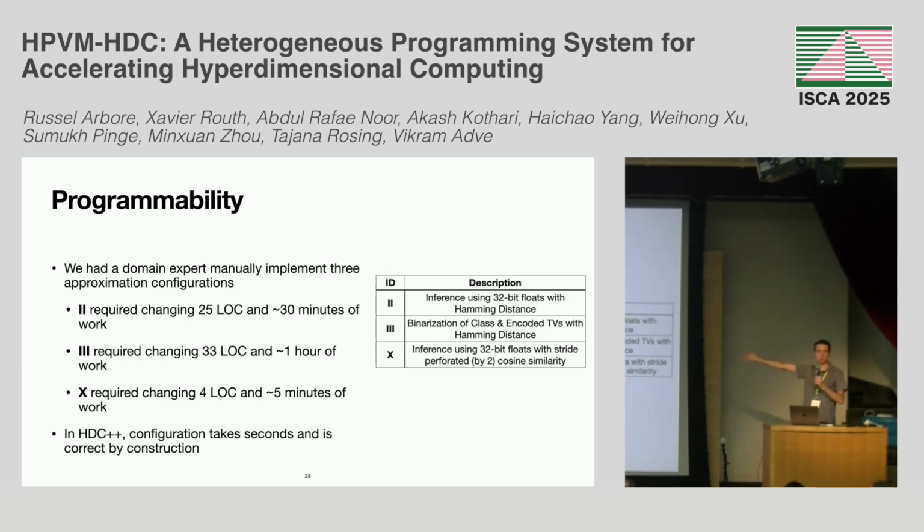Whereas when the compiler does the automatic approximation transformation, assuming the compiler is correct, the generated code is correct by construction. And because in HDC++ looking at these different configurations is super quick, that's what enables us to try them all out on the previous plot where we showed inference accuracy versus speedup.